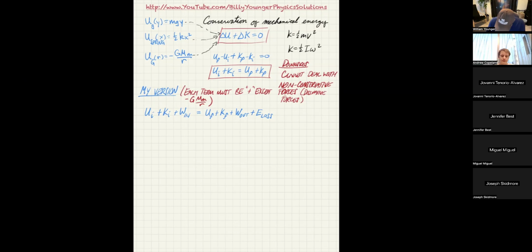So this is the version of conservation of energy I use. And what I tell you about it is, first, all the terms should be positive. And then second, what you think is WN, I might think is E loss or work out or something weird like that. But also what I think is E loss, you might think is work out.